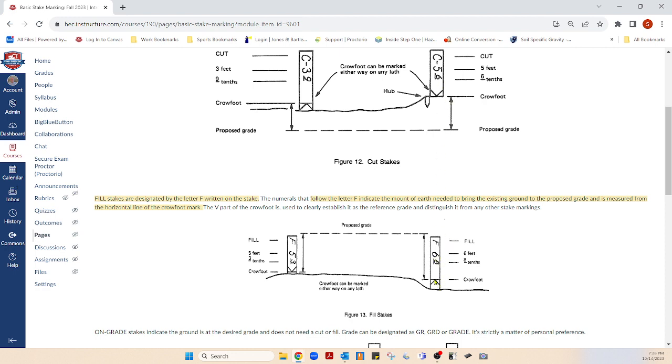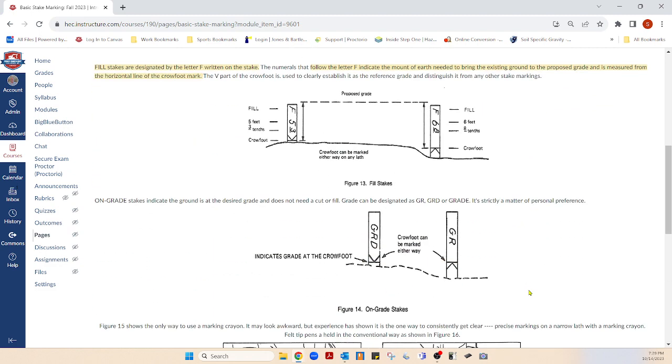That's because we're starting from a lower point going up. So we've got to bring more dirt in to get all of this filled in too, to get up here. So the fill from here would be higher than from here, relative to the existing grade. That's why the difference is.